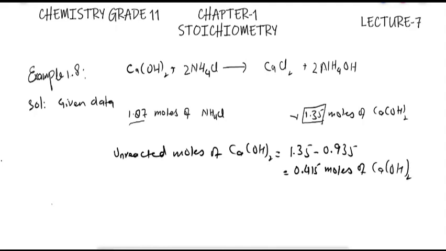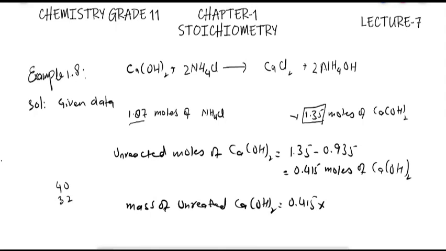But we are required to calculate the mass in grams. So the mass of unreacted calcium hydroxide would be the number of moles multiplied by the molar mass, and you can calculate the molar mass from the atomic masses of calcium, oxygen, and hydrogen. So calcium is 40 and oxygen is 16 multiplied by 2, that is equal to 32, and there are two hydrogens as well, so this is equal to 74.